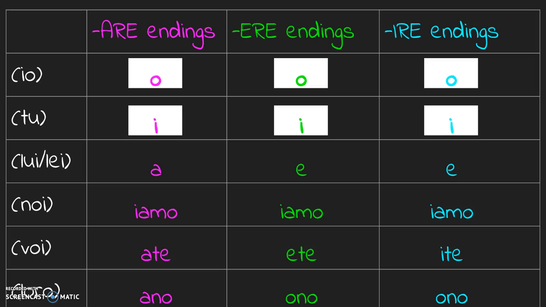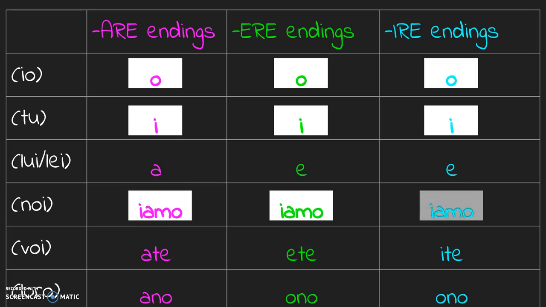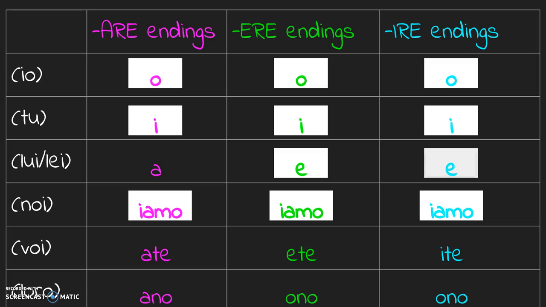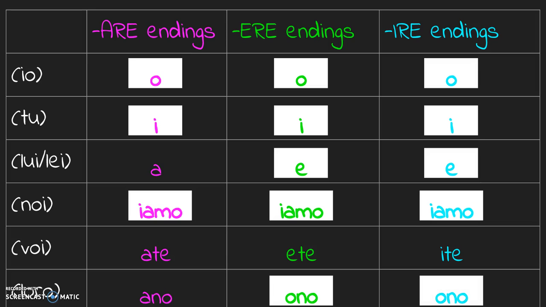And when you are referring to us, noi, the verb will always end in -iamo. For -ere and -ire verbs, the lui and lei form ends in -e, and the loro form ends in -ono. So there are lots of similarities that will help you.